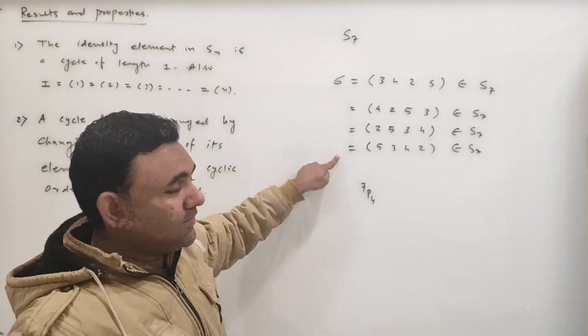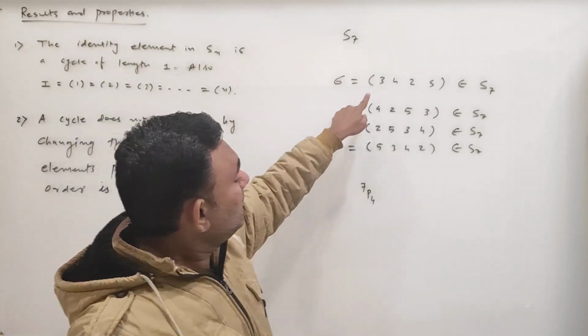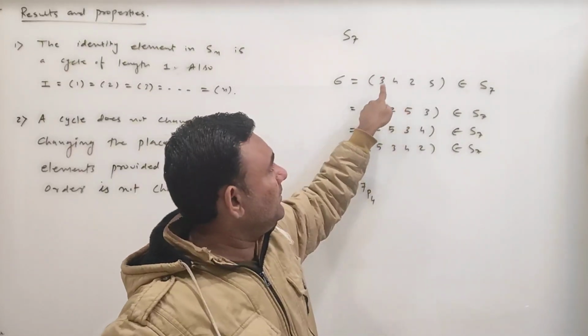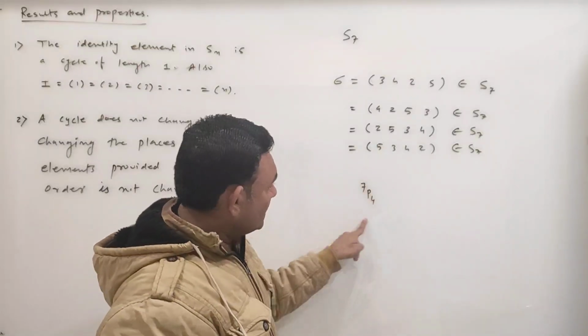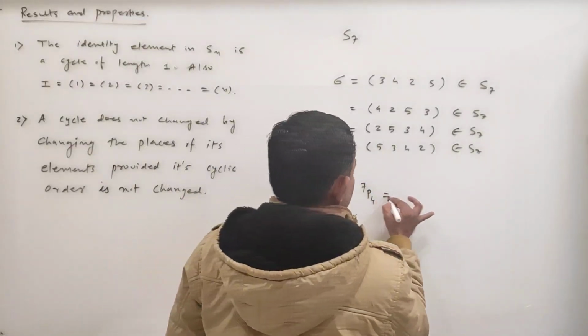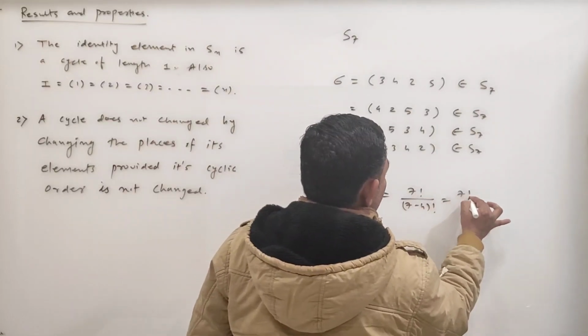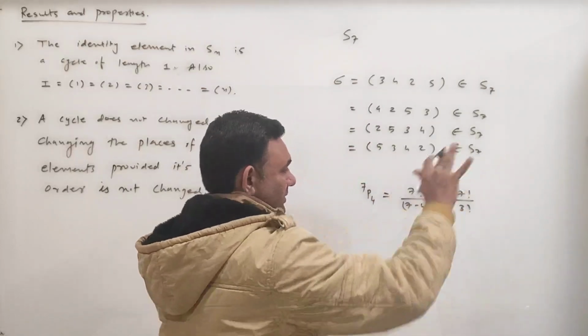But from this observation, we have the information that if you choose these 4 elements, 3, 4, 2 and 5, out of 7 and arrange them in a row, the number will be 7 factorial divided by (7 minus 4) factorial, that is 7 factorial divided by 3 factorial, whatever this number is.